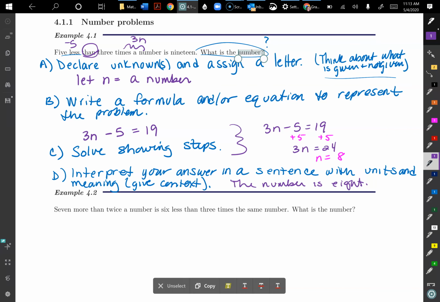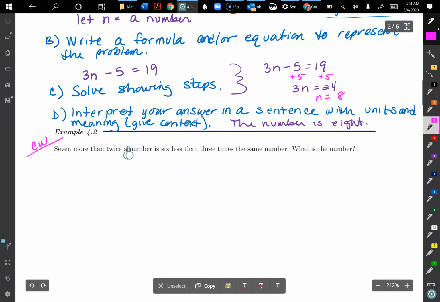Okay, so we'll do one where we're not writing all the words there with the model for you, but make sure that you can get all the pieces. So do this one as classwork. You're going to pause, right? And just make sure you have all the pieces. For A, I'll start it off for you.